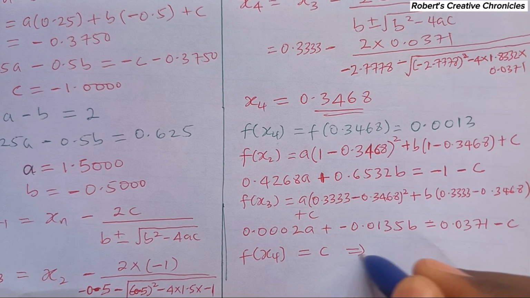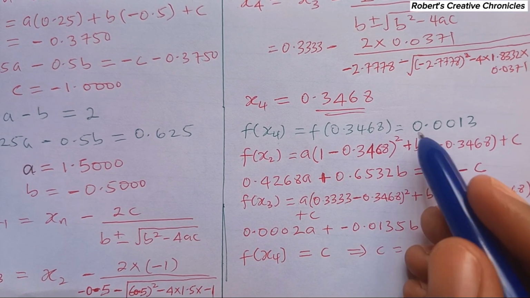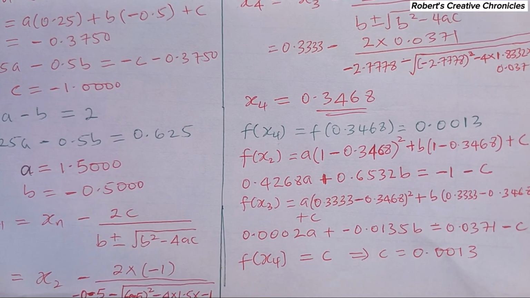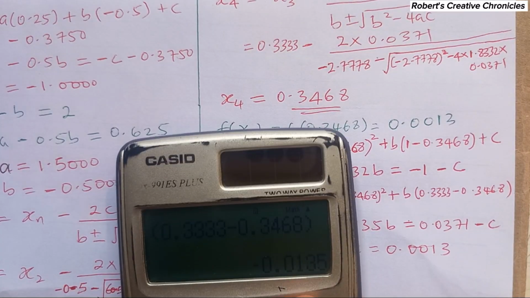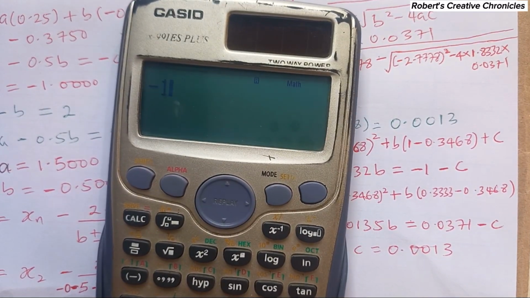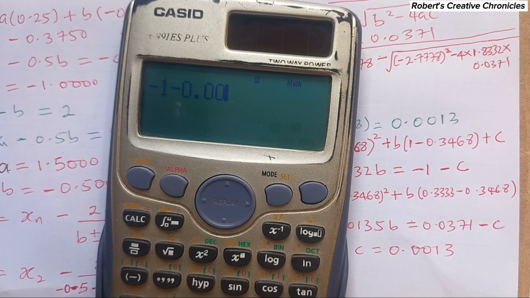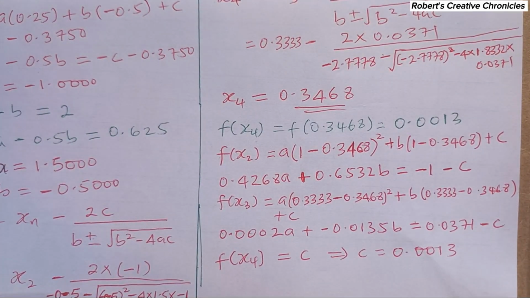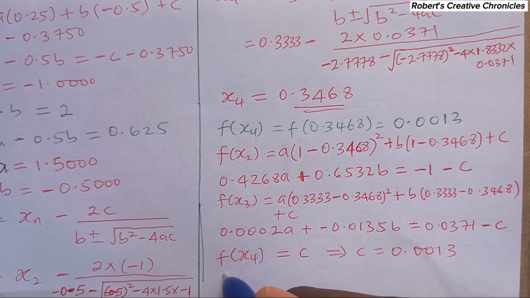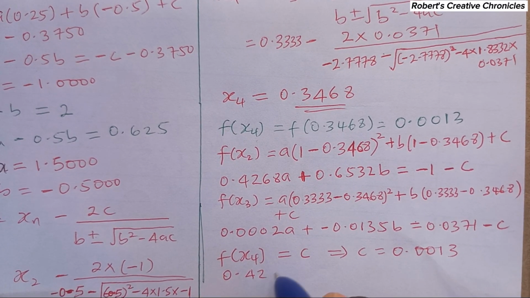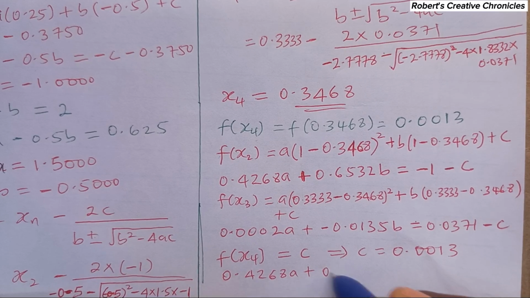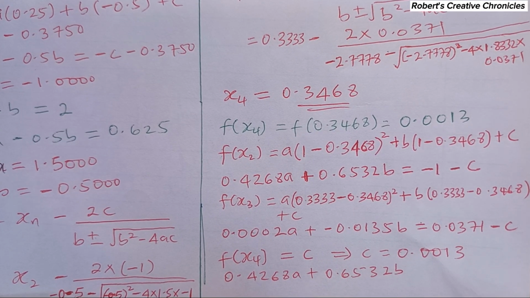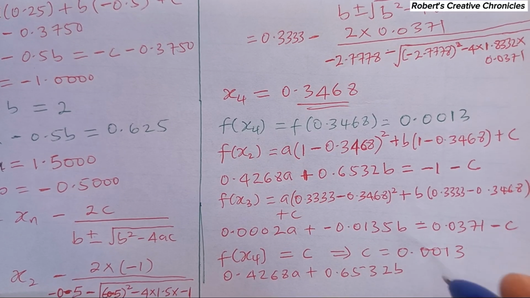So now c is equals to what? fx4, which is this 0.0013. So we can substitute it in both of these to get negative 1, negative 0.0013. So this is negative 1.0013. So this becomes 0.4268A plus 0.6532B is equals to what?